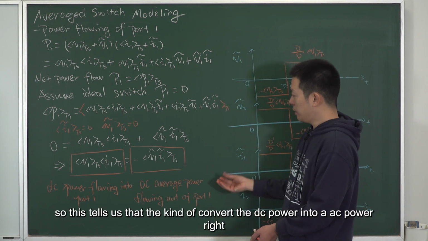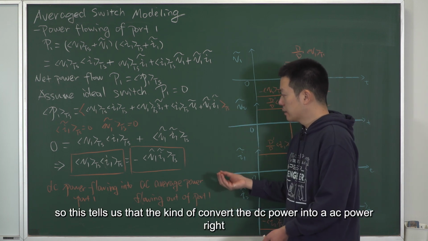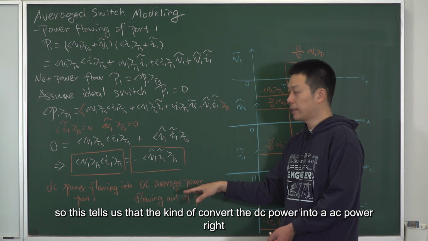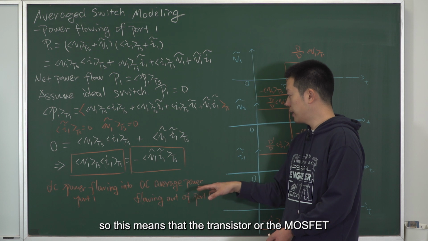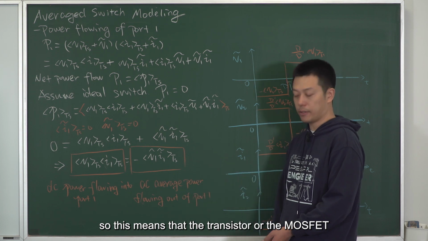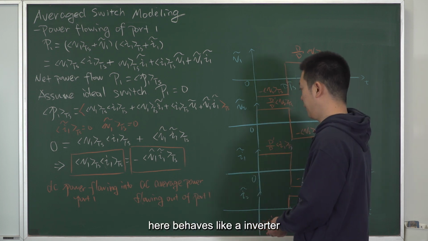So this tells us that we convert the DC power into an AC power. So this means that the transistor or the MOSFET here behaves like an inverter.